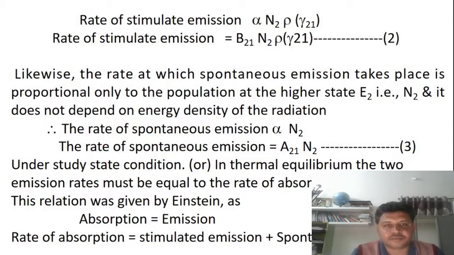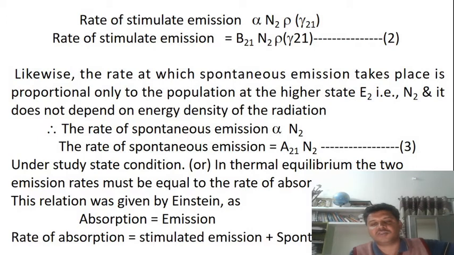Next is the rate of spontaneous emission. Usually absorption is equal to emission, but in this concept we have to make the rate of spontaneous emission zero. It should not take place. If spontaneous emission takes place, it means the electrons emit automatically without any external energy.